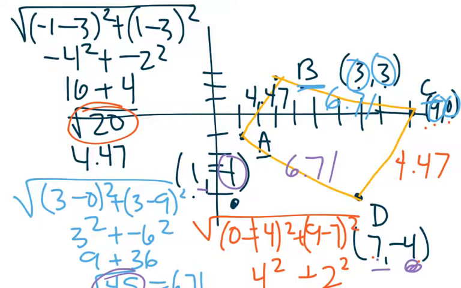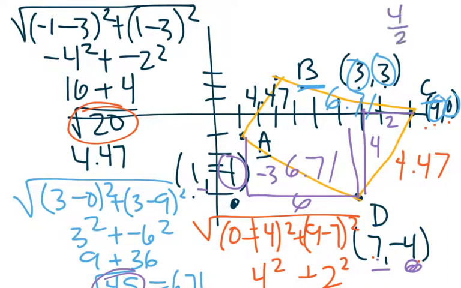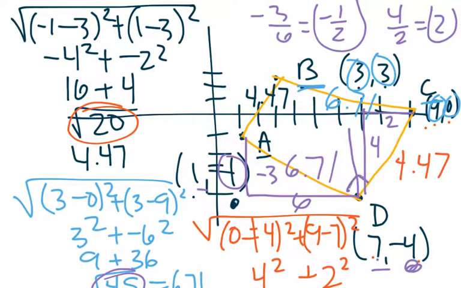Okay, which we could easily find that because we'd go up 4 and to the right 2. Here we'd go down 3, so -3, to the right 6. So it actually wouldn't be, well, let's see, 4 over 2 would be 2, -3 over 6 would be -1/2. -1/2 is opposite reciprocal of 2, so that would be a right angle, and all the rest would turn out to be the same.